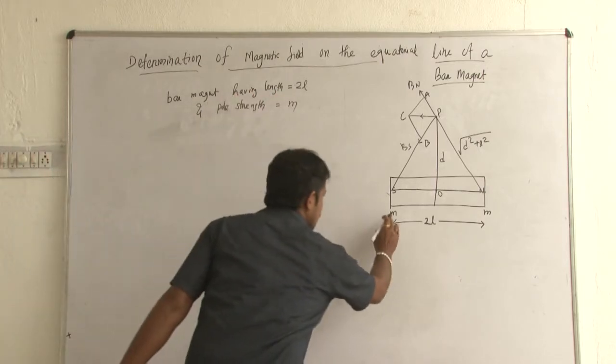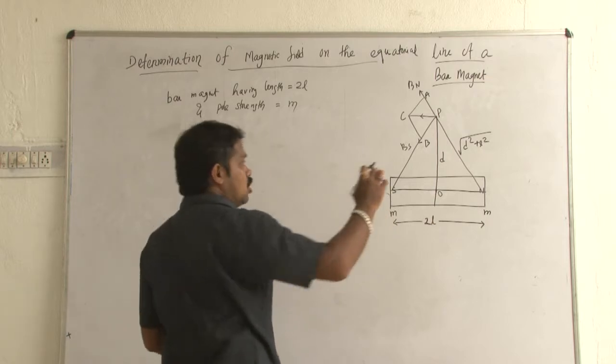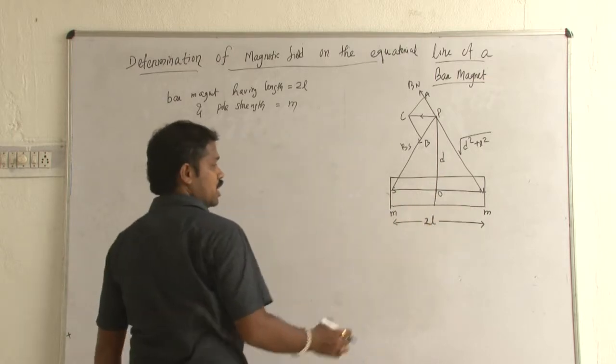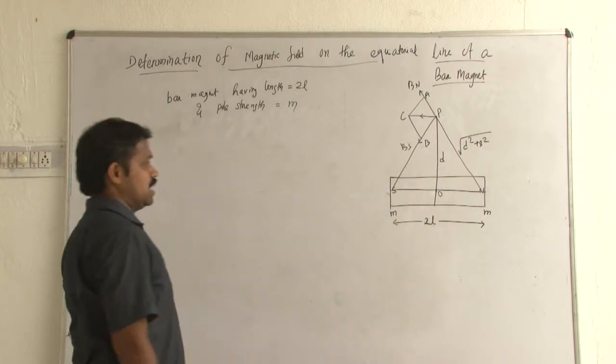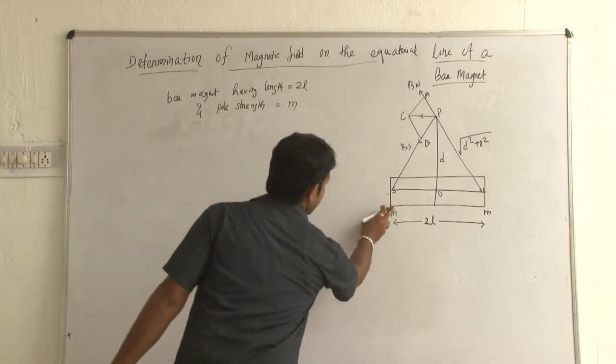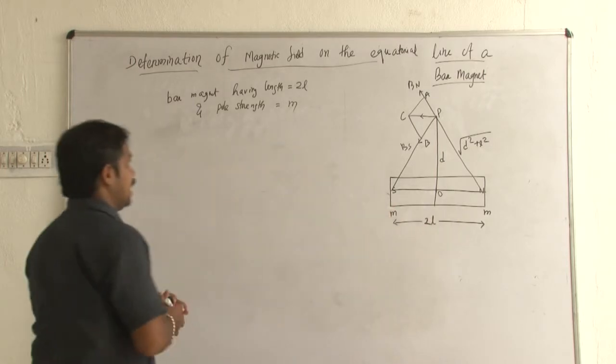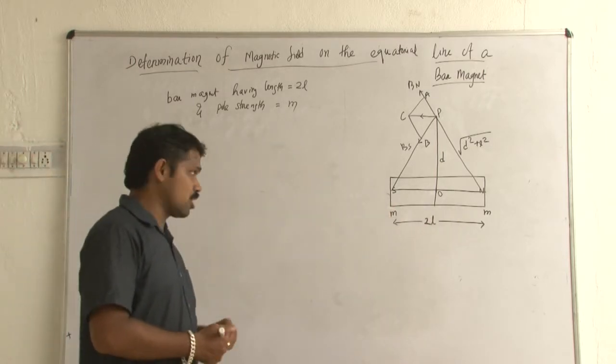As you have seen in this figure, this is your bar magnet having north pole and south pole, and the length of the bar magnet is 2l and the pole strength, here I have mentioned, is m. Very simple. Clear all of you?